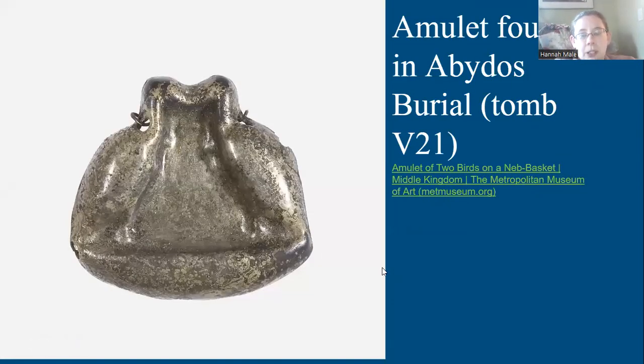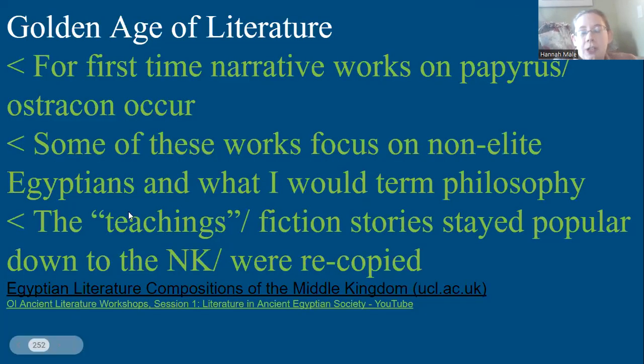This is from another Abydos burial, and it's an amulet that was found in one of those Abydos burials. And then I talked about before that the Middle Kingdom is also viewed as the golden age of literature, so not just funerary texts, but narrative works and stories.